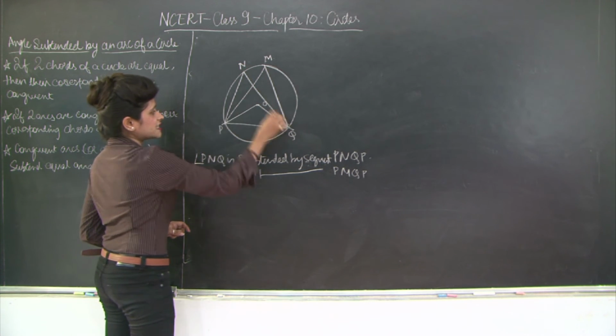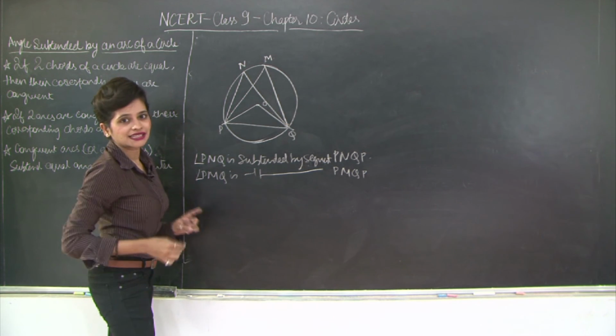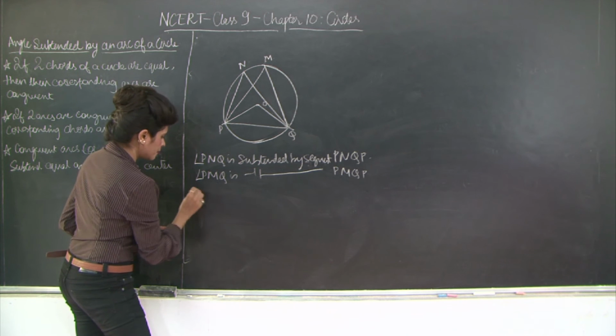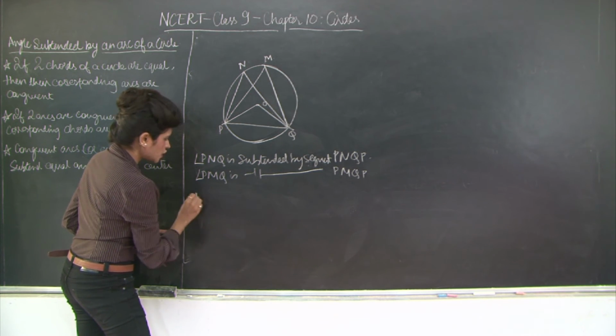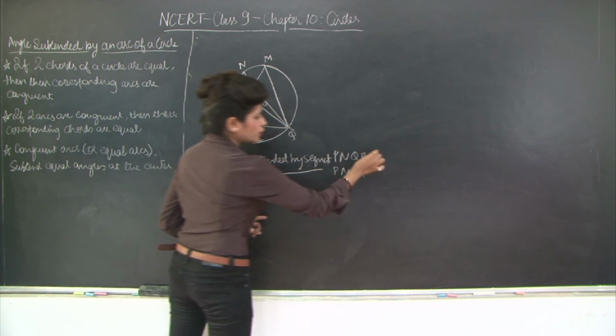But both these angles PNQ and PMQ are subtended by the same arc also. So this is just the way you denote it.